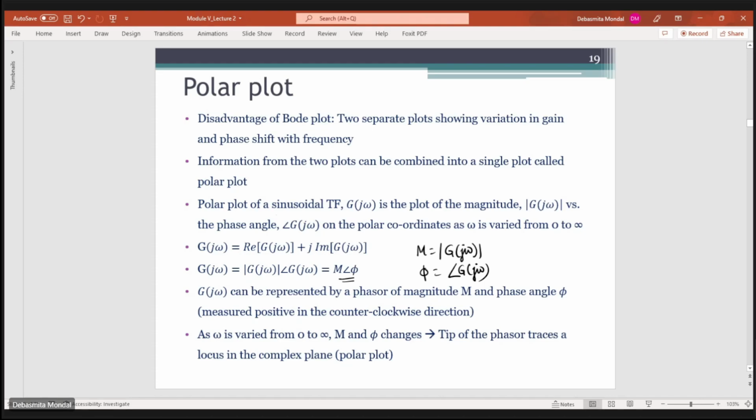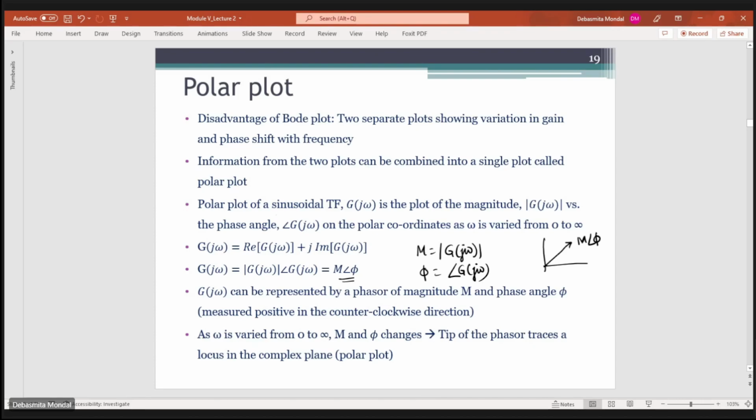As we vary the value of omega from 0 to infinity, since M and phi are functions of omega, these two will also change. So the phasor, let's say it is something like this, with this magnitude and angle. As we keep changing the value of omega, this phasor will follow a different path.